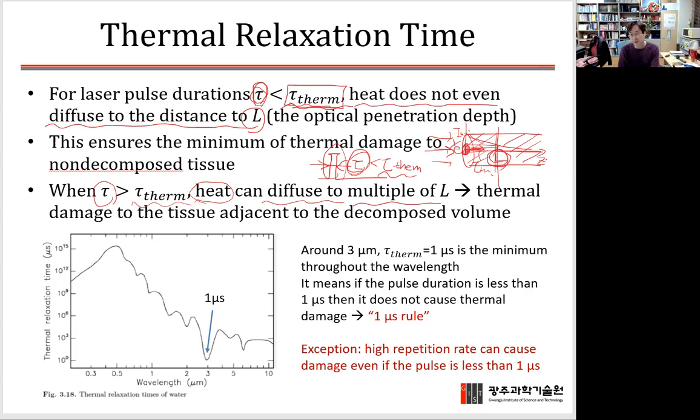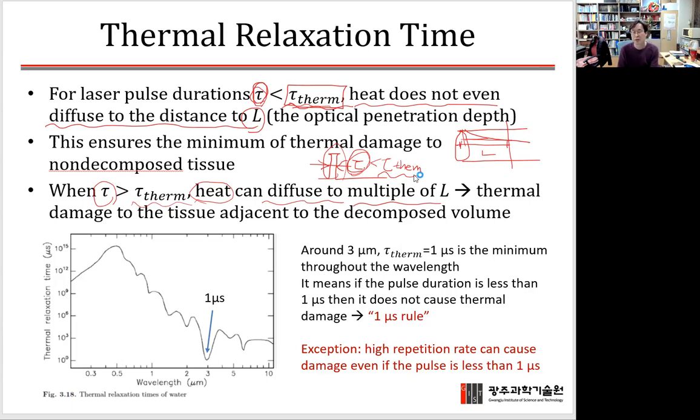We can consider this like that. So the light intensity is reducing to 37% from the surface to the 1/α position.